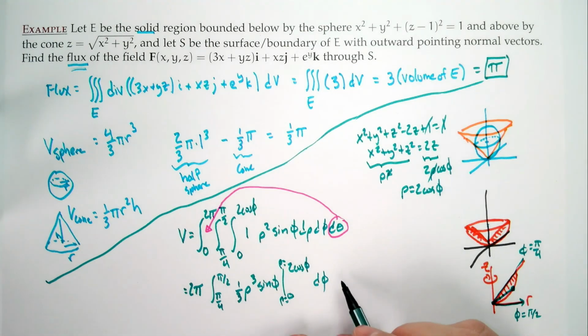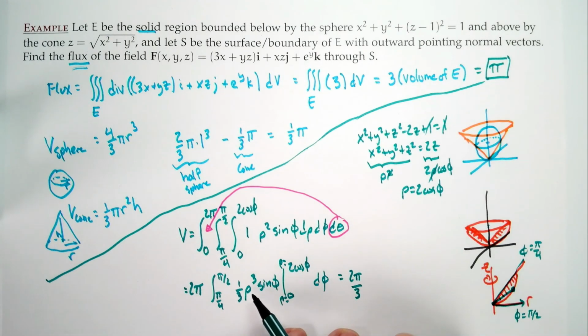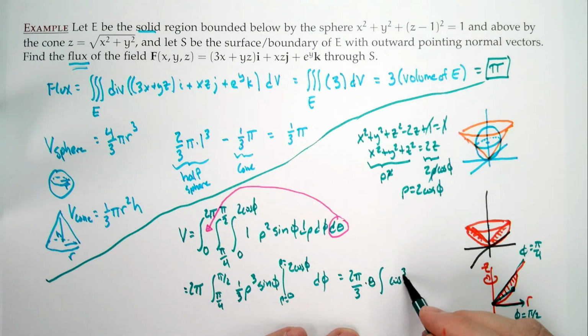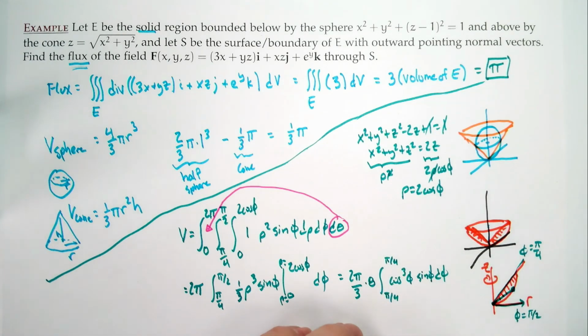Now, if we do that, we have our 2 pi, and now we have our 1/3, so I'll pull that out. Rho cubed, if we cube that, is 8. I'll bring the 8 out. Then we have cosine cubed phi times sine phi d phi, going from pi fourths to pi halves.